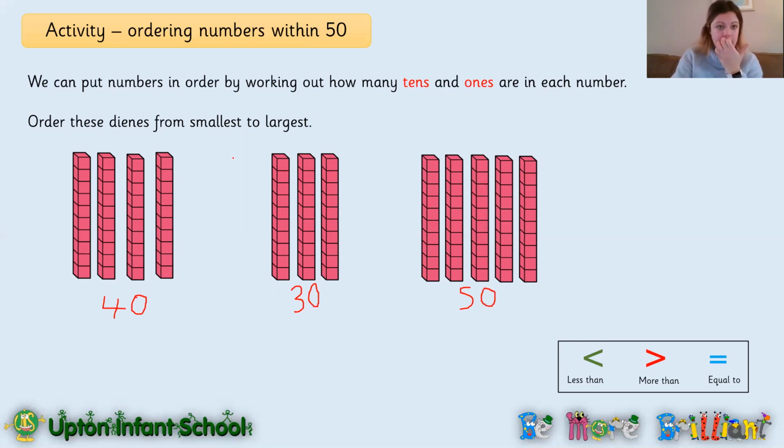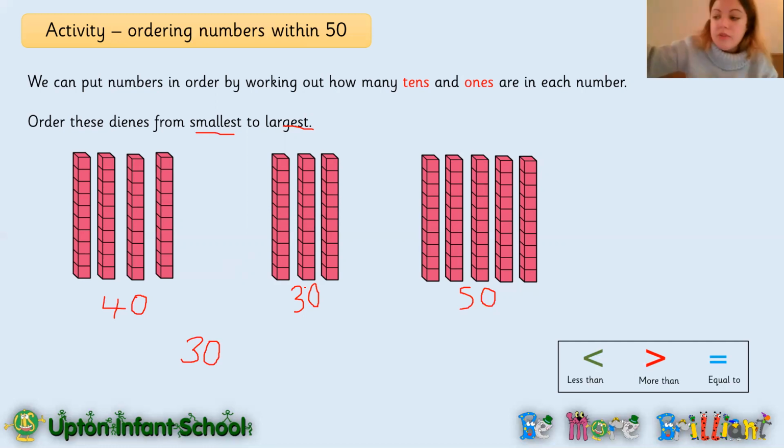Okay, so I need to put these in order from smallest to largest. So I know my smallest number is 30. And then after that, oh, would it be 40 or 50? Well, I can grab my 100 square and I can see that 30 is there. And I can see that 40 comes after 30, it's 10 jumps.